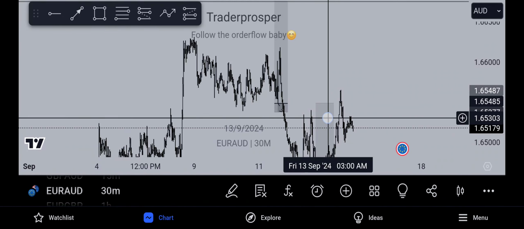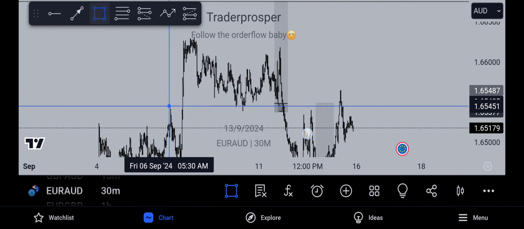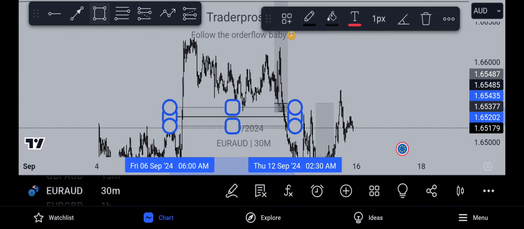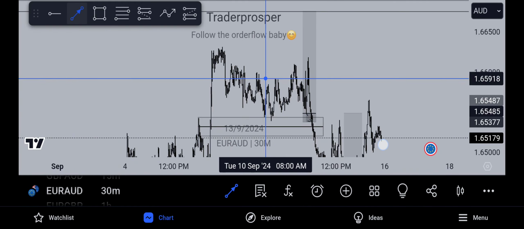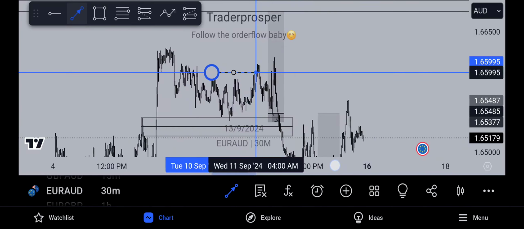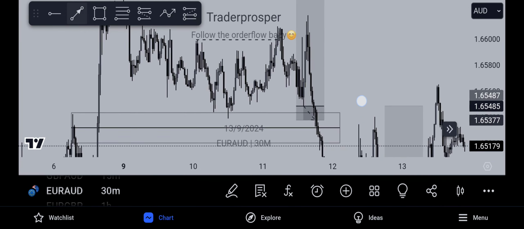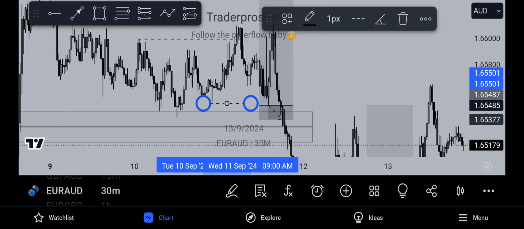Same idea here. This breaker block is the trade idea. It's reacting from a breaker block, and it has switched from here. Okay, it switched from there. See our liquidity and everything, perfect trade.